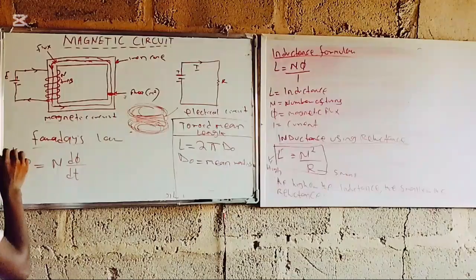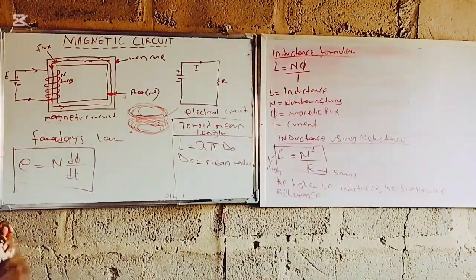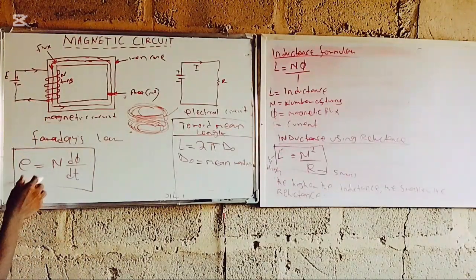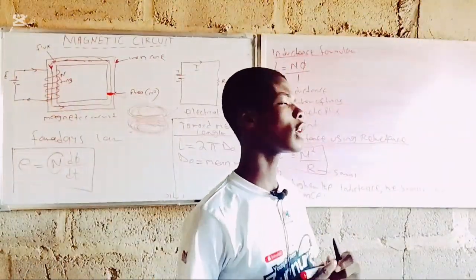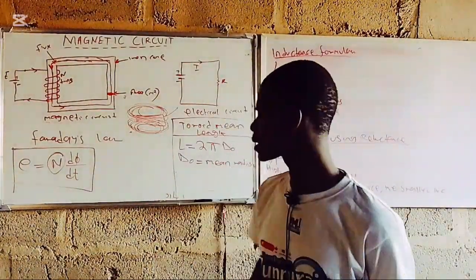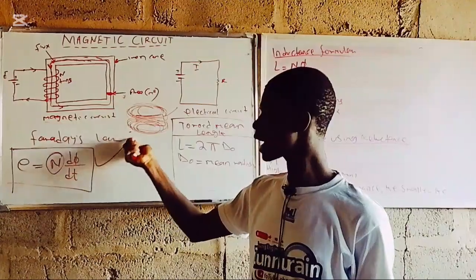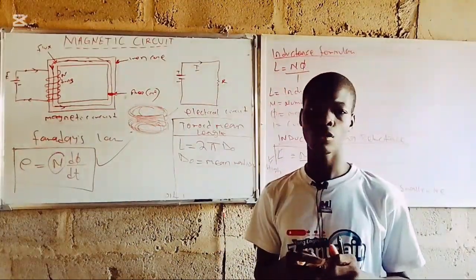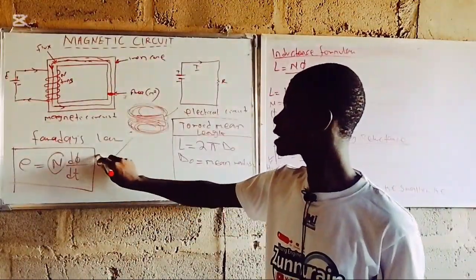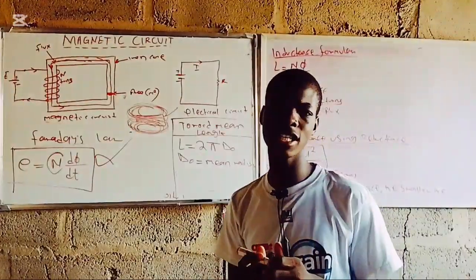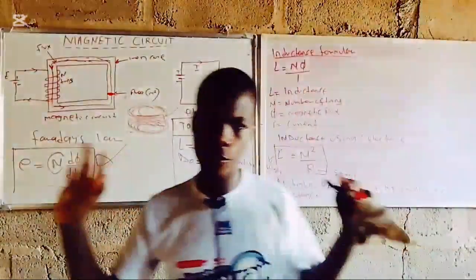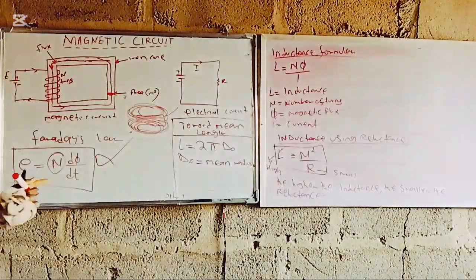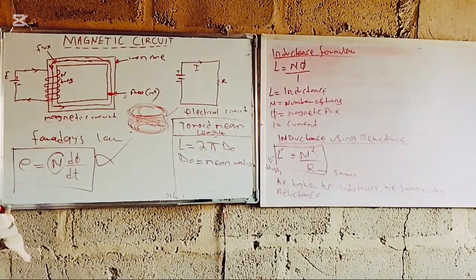This is Faraday's law. What is Faraday's law trying to show us in this magnetic circuit? Faraday's law changes the magnetic flux to produce voltage. That's all; that's its use in this magnetic circuit.